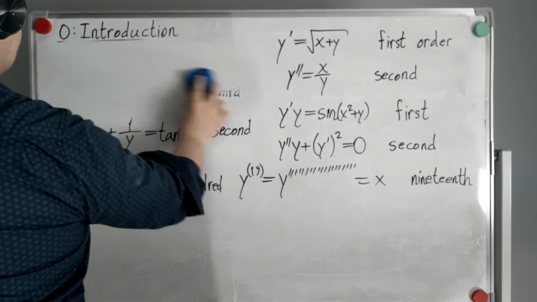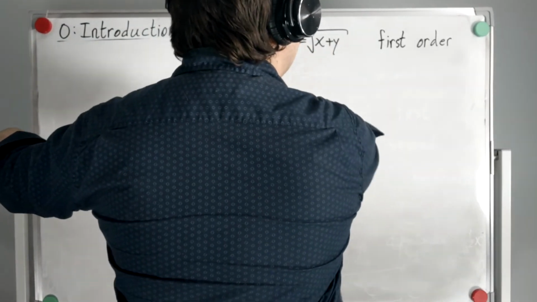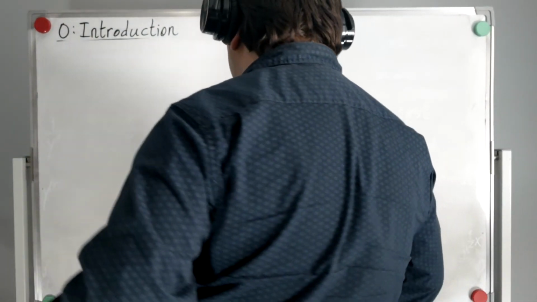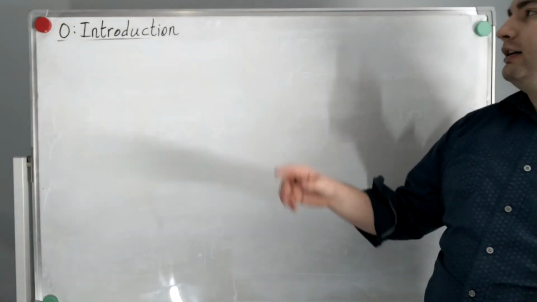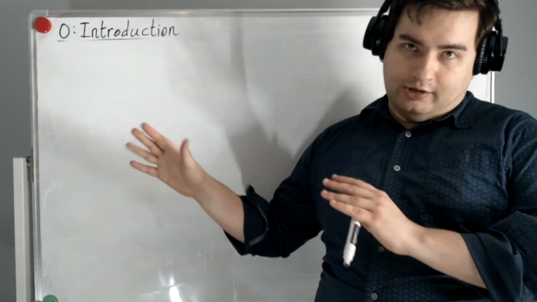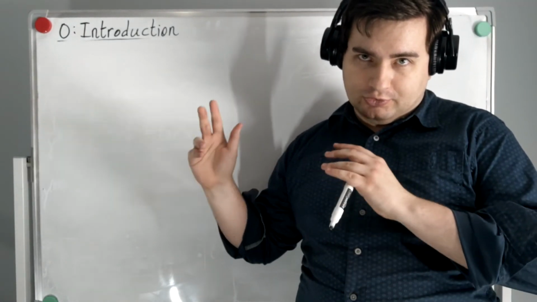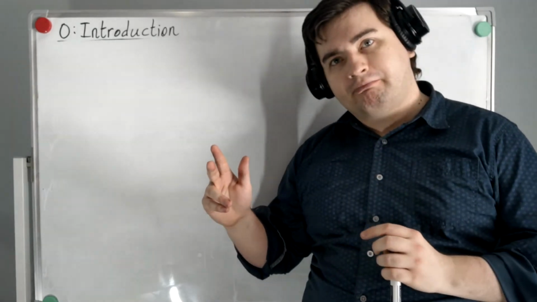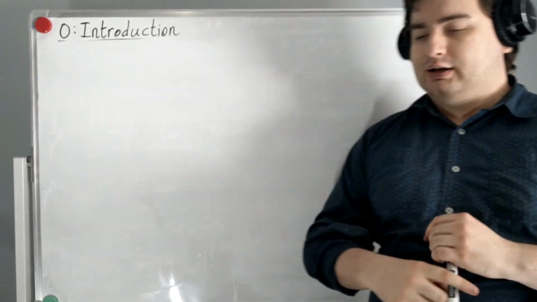Now, there's one more thing I want to mention before we get into what the book calls the first chapter. In this class, whenever we're asking for a solution to an ordinary differential equation, we're always asking for a function, okay?